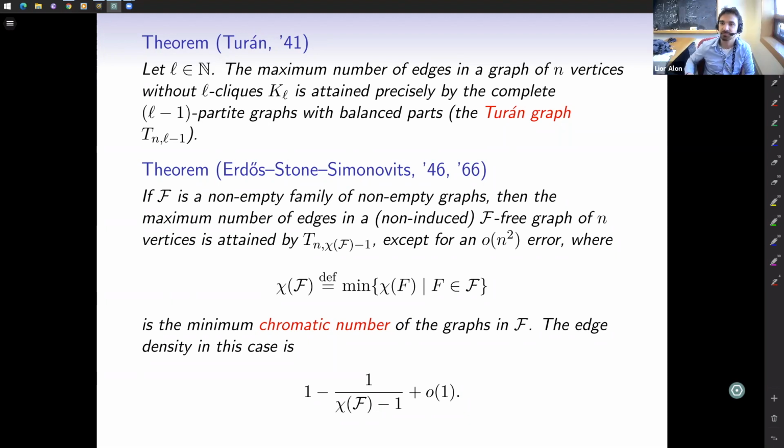If your graph is colorable with C colors, then you certainly cannot find it in a complete partite graph with C-1 parts, because if you could, that would show your graph is actually (C-1)-colorable. You look at the way it's inserted in this complete partite graph, and since edges can only be between parts, that gives you a coloring of your original graph. That is the intuition of why this theorem is true.